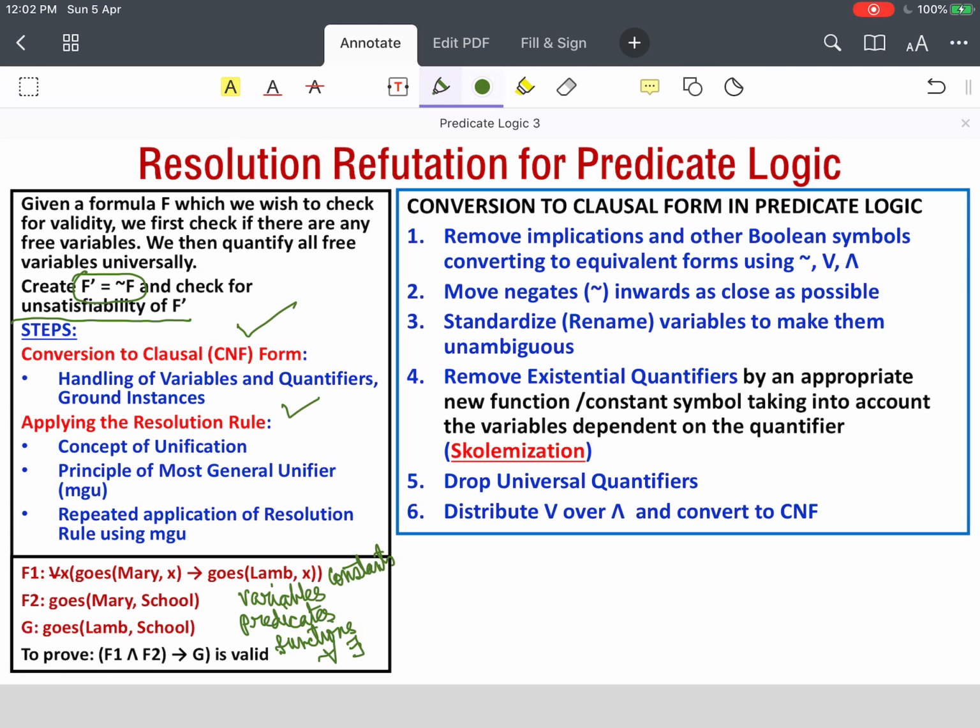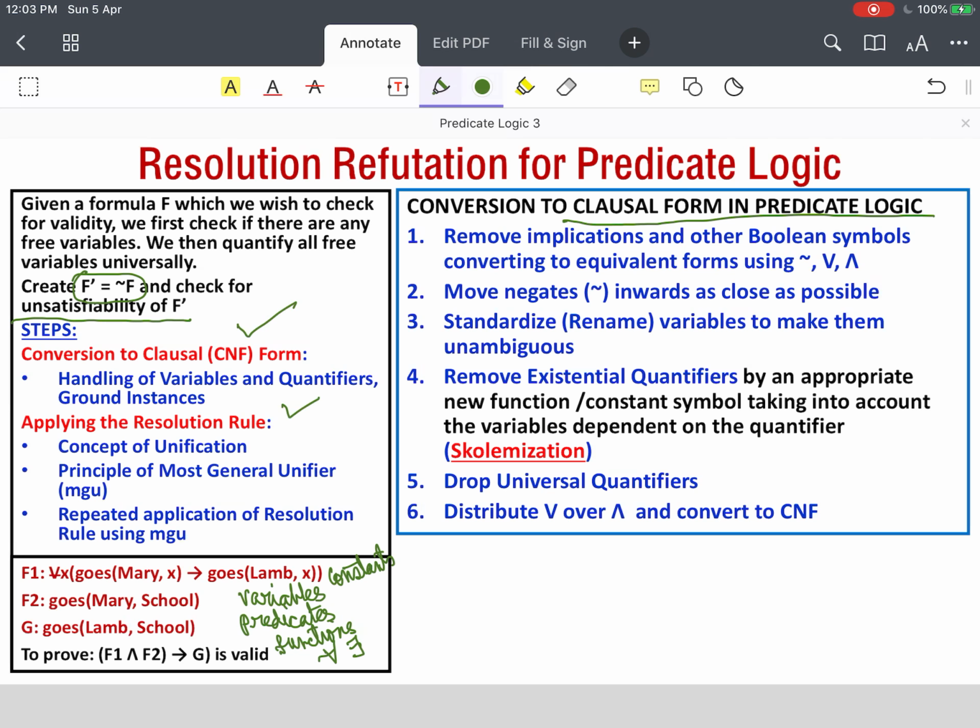But given the presence of variables, constants, predicates, functions, and the new quantifiers, both the conversion to clausal form, which needs handling of variables, quantifiers and ground instances, and the application of the resolution rule need more handling in more detail. So we first look at how to get clauses in predicate logic.